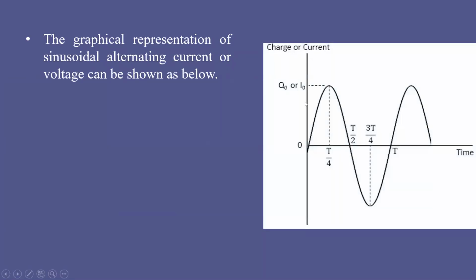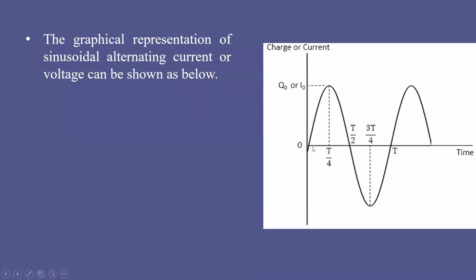So this is how we can represent the AC. This is a graph of current versus time. It should be V naught and I naught. Just observe that the alternating current varies sinusoidally with time.